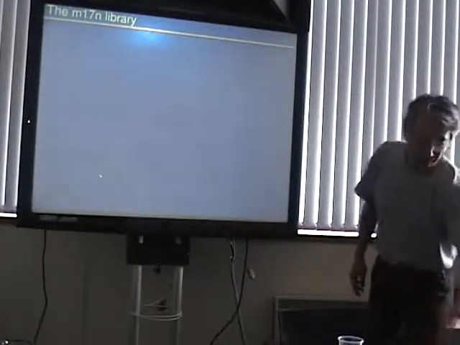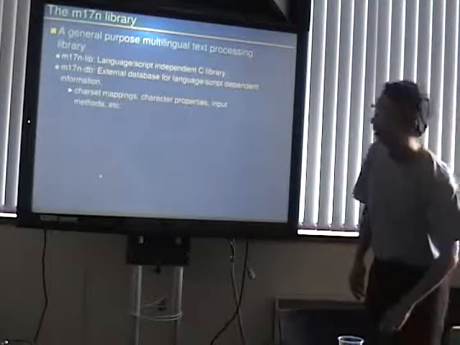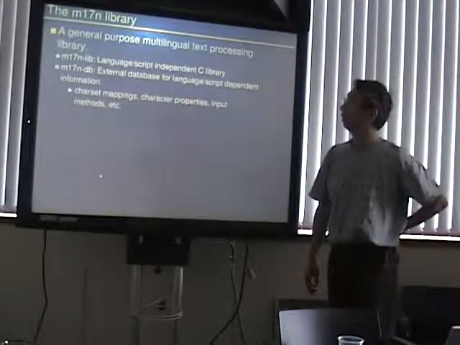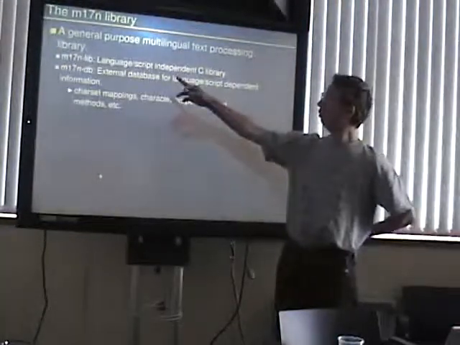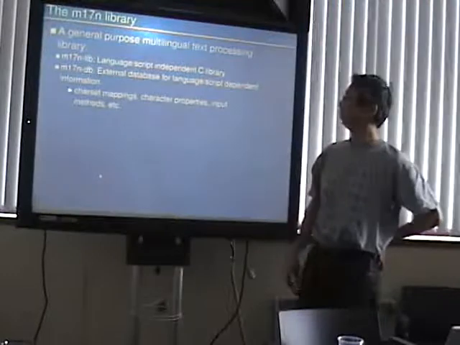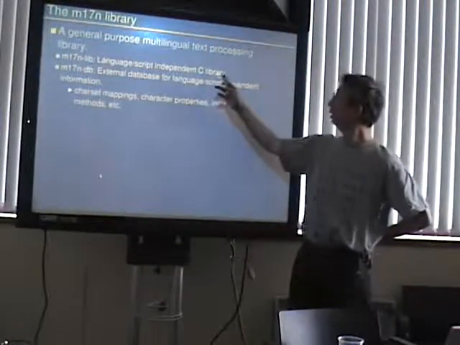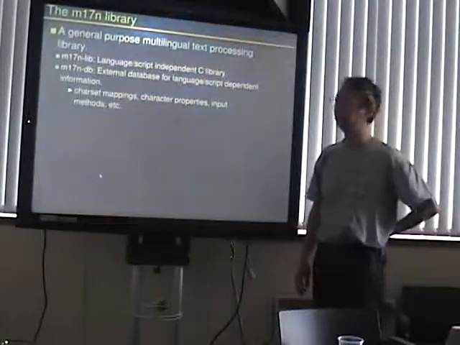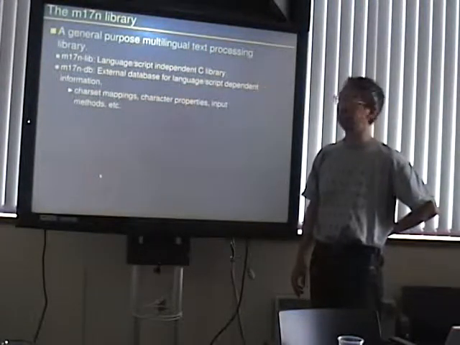What is the m17n library? It's a general purpose multilingual text processing library. The library itself is language and script independent. So this C library doesn't contain any language or script-specific knowledge.